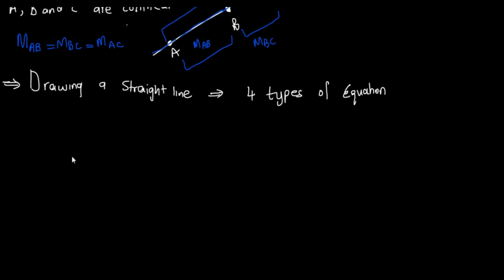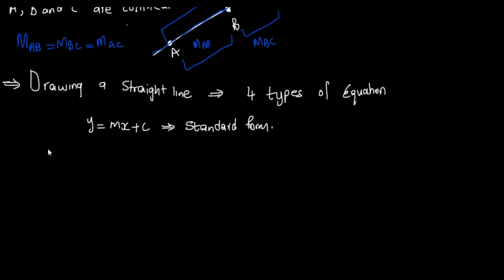Remember that the first one should be in the form of y = mx + c, and we said that this is what we call the standard form. So how do you draw the equation? It can be any equation that has x and y.